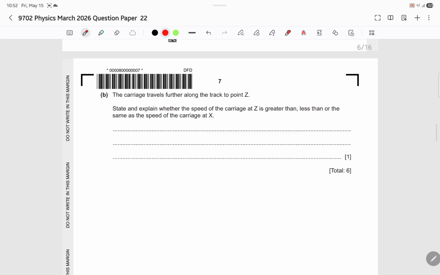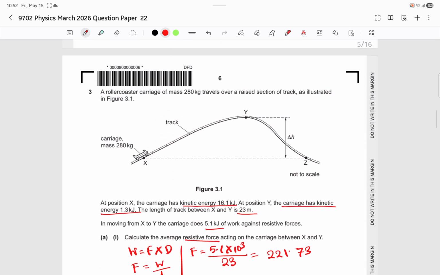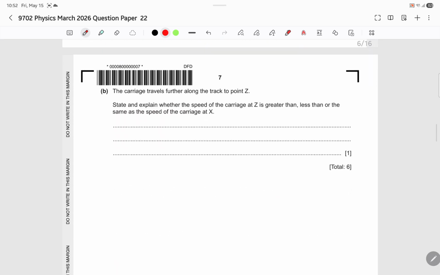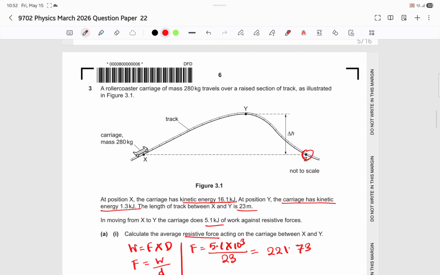Now the carriage travels further along the track to point Z, which is this part right here. State and explain whether the speed of the carriage at Z is greater than, less than, or the same as the speed of the carriage at X. At X, it's already traveling at a good speed, and at Z the gravitational potential energy increases. At Y we already figured it out.